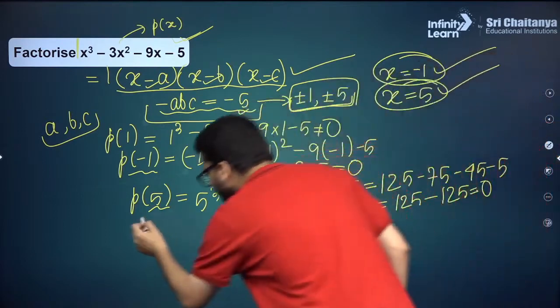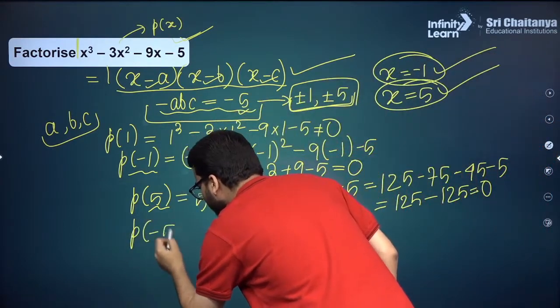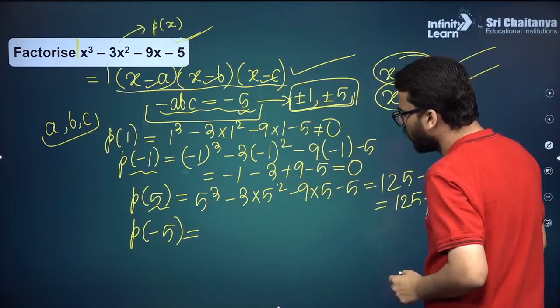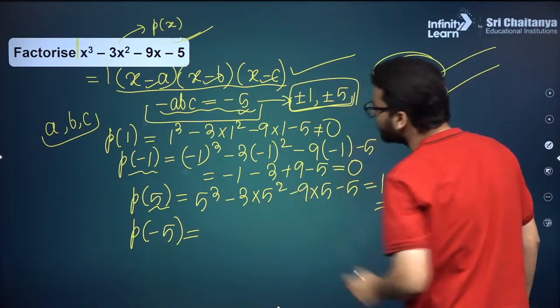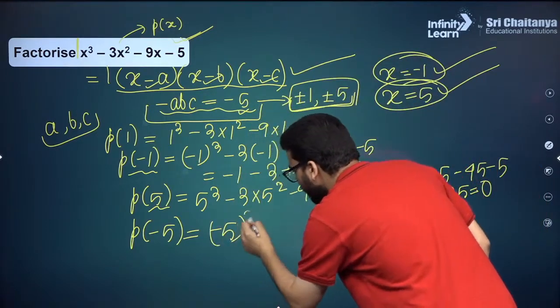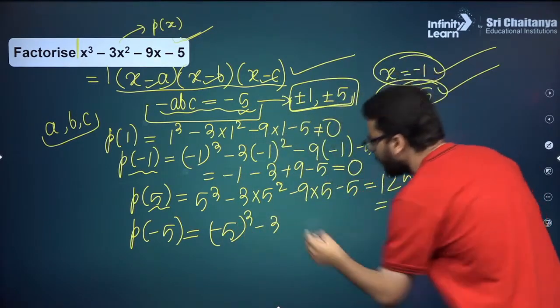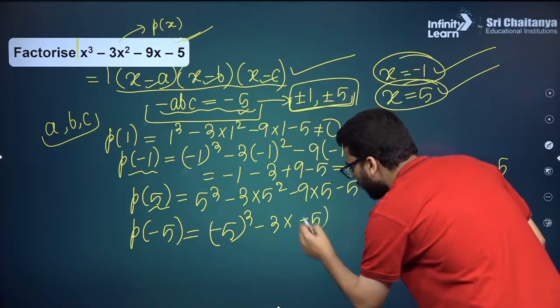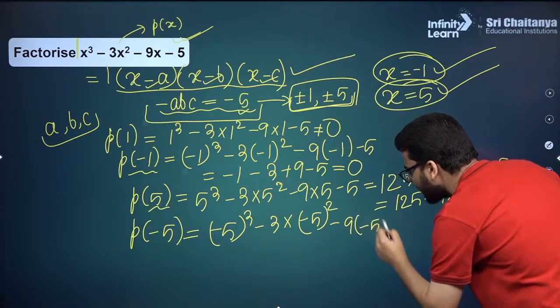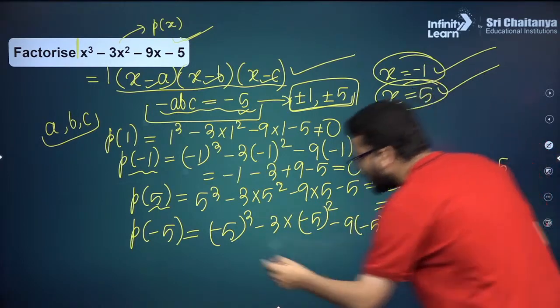Now can I find p of -5 over here? So let us put -5 in the polynomial itself. So -5 cube minus 3 into -5 square, and then we'll get -9 into -5. Is it coming out to be 0, guys? Just calculate and tell me the answer.